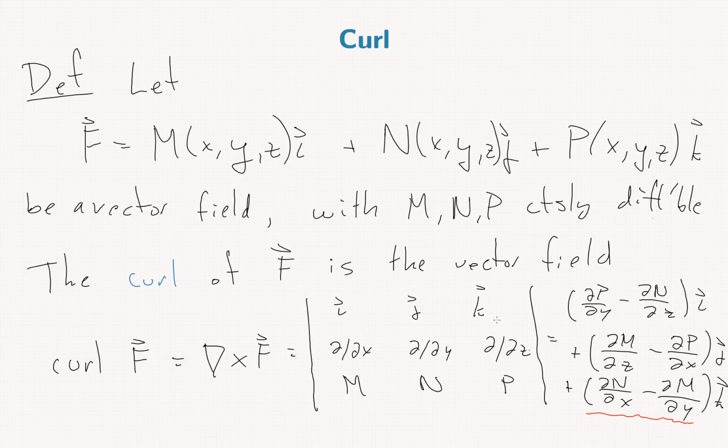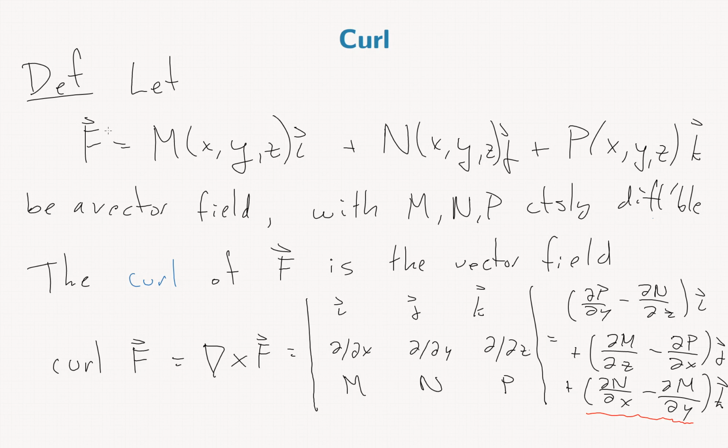And notice that z and P are both associated with k, and so we don't have either P or z appearing in the expression for the coefficient of k. Similarly, we don't have an x or an M in the coefficient of i, and no N or ∂/∂y in the coefficient of j.